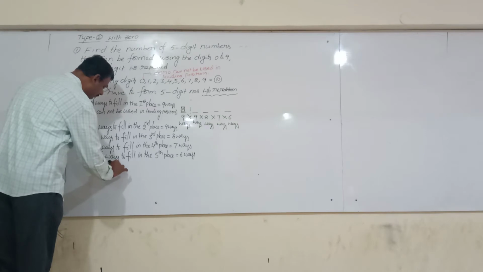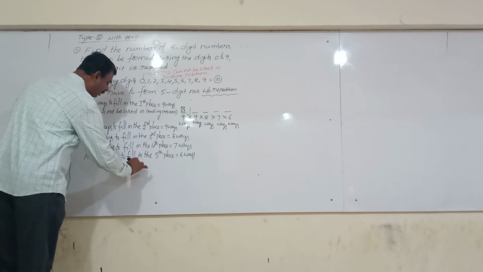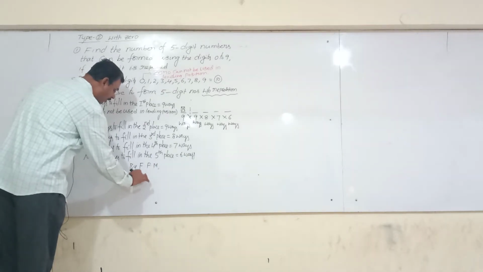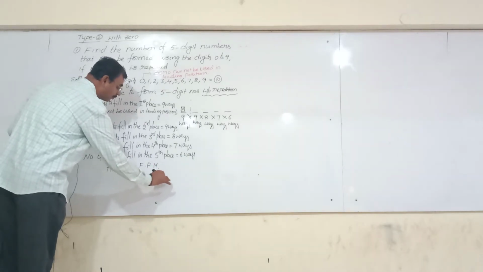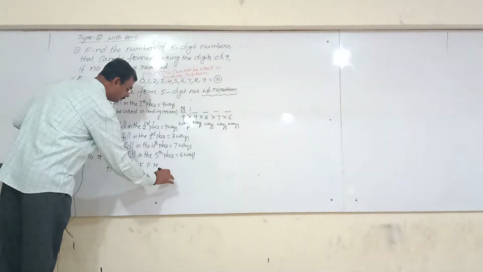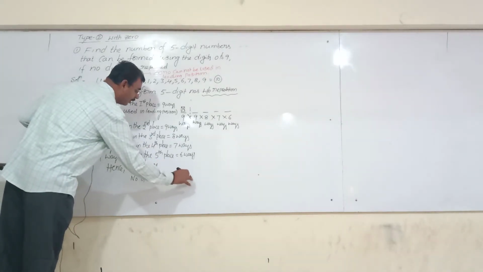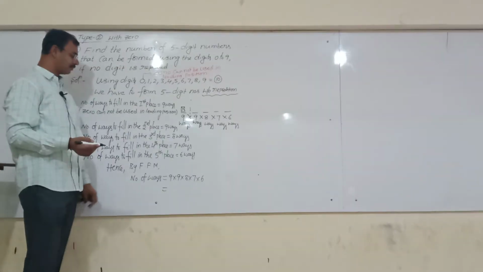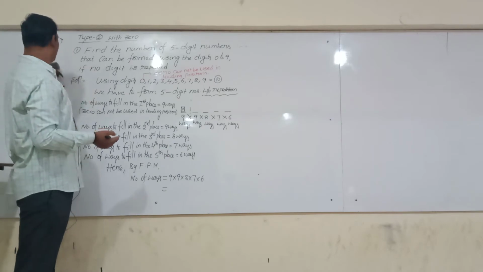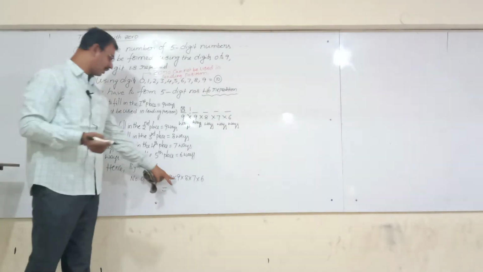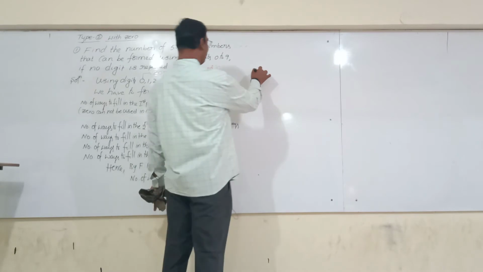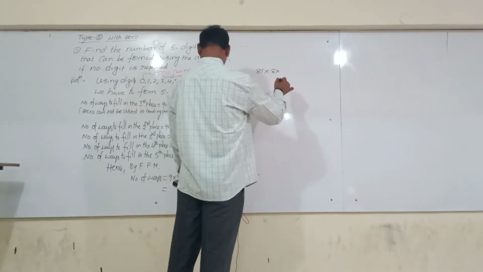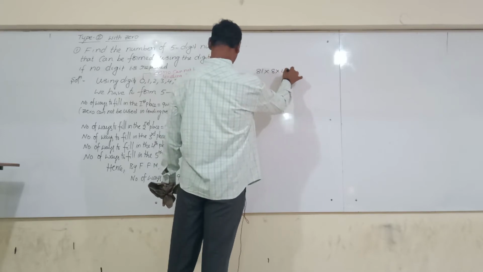Hence, by the fundamental principle of multiplication, the number of ways is equal to 9 into 9 into 8 into 7 into 6. So multiplication: 9 into 9, 81. Into 8, 7 into 6, 42.